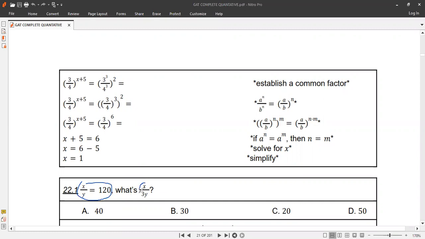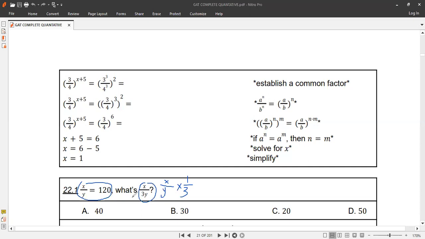So x over 3y, what was, guys, in this case, this means x over 3y. It means x over y multiply 1 out of 3.